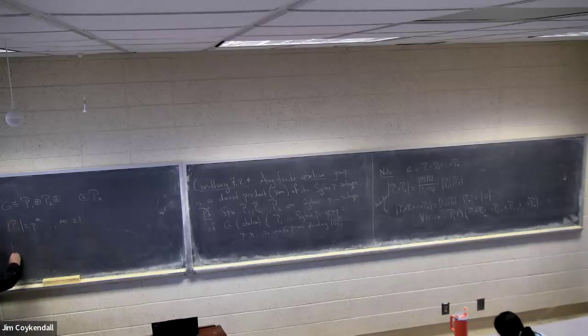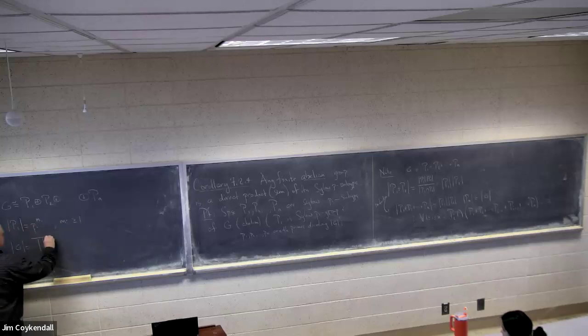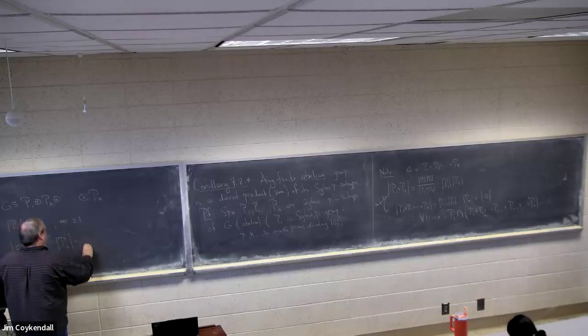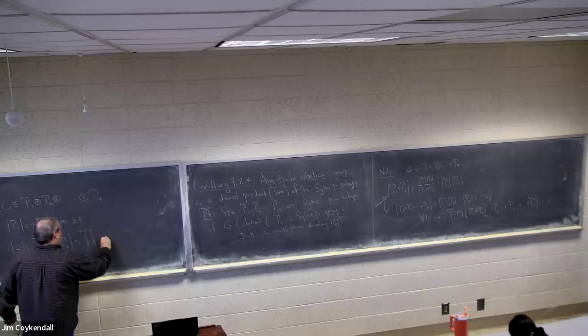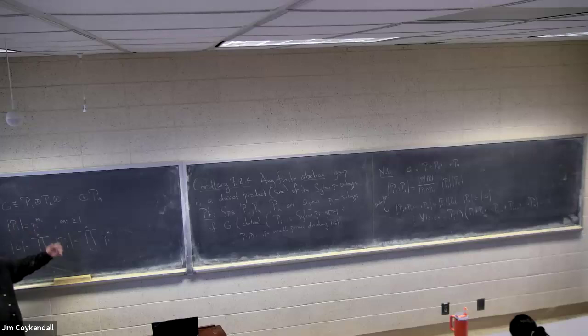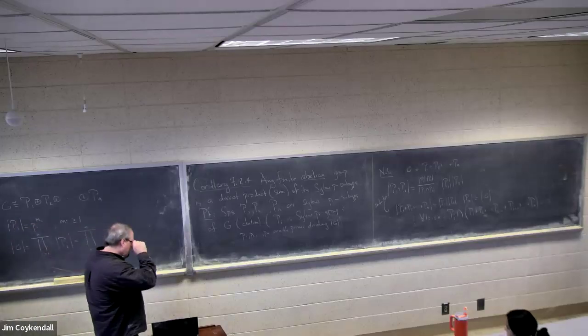So the order of G is the product of the orders of the Pi, basically the product of all the elements of the sizes.